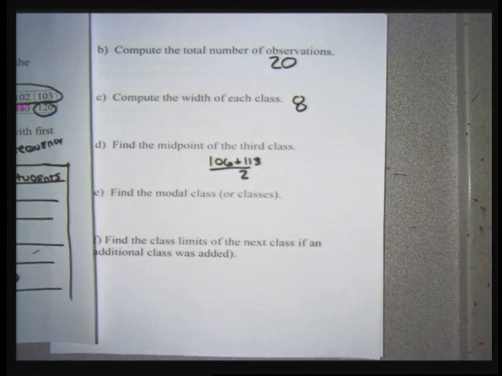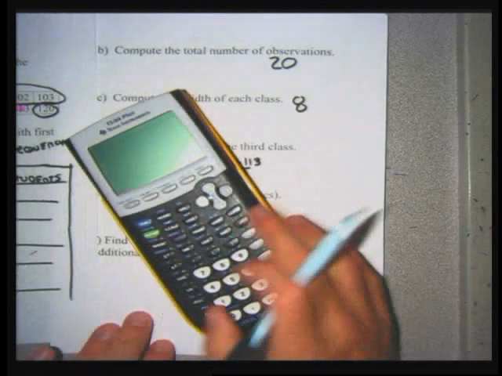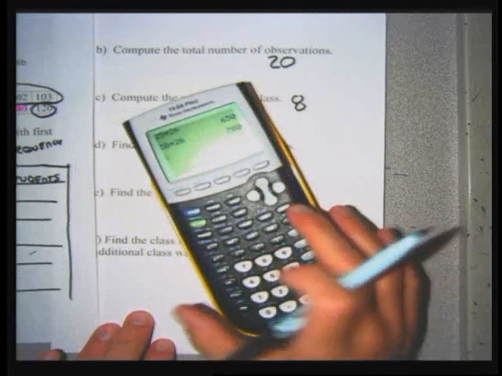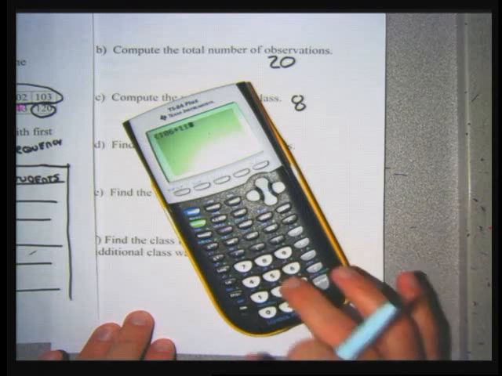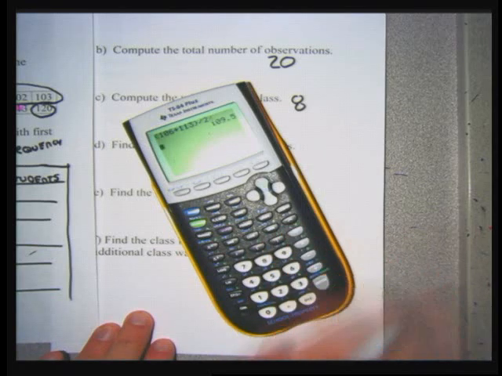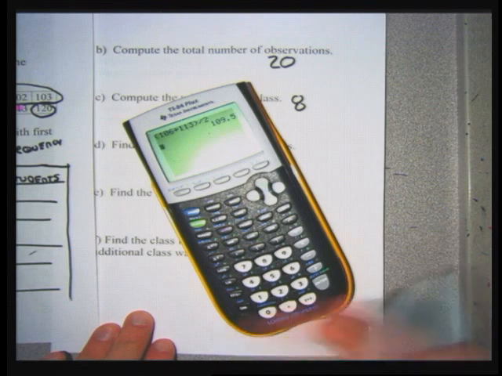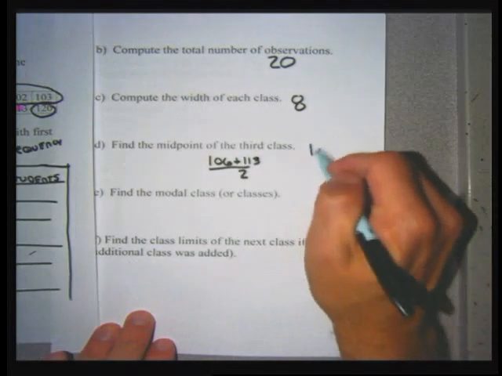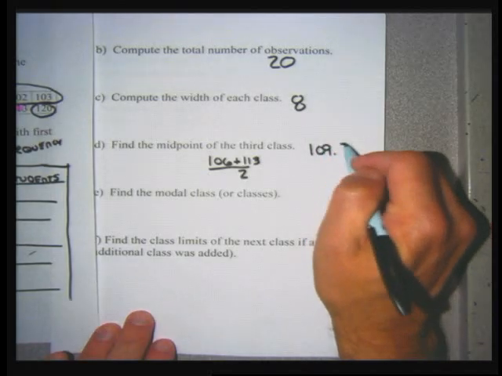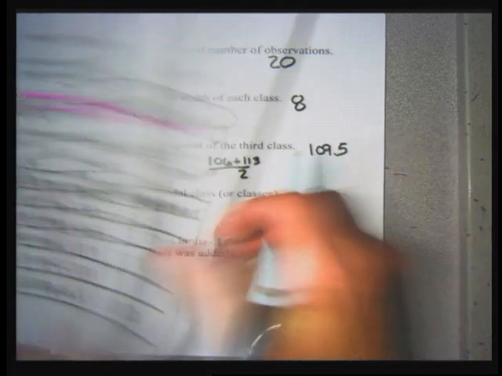I'm going to use my calculator and parentheses to do that. So if we clear this out and go parentheses 106 plus 113 divided by 2, and I get 109.5, and I'm content with a decimal answer. So I'm going to say the midpoint of the third class is 109.5.